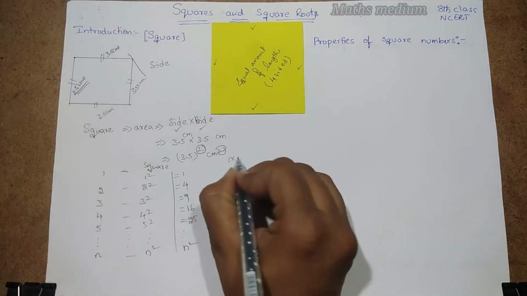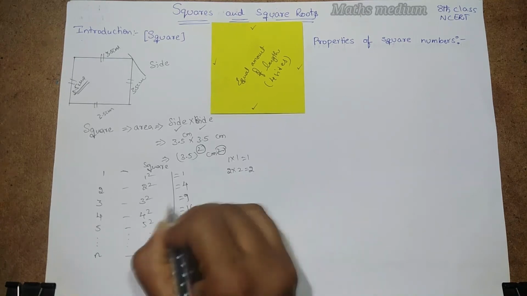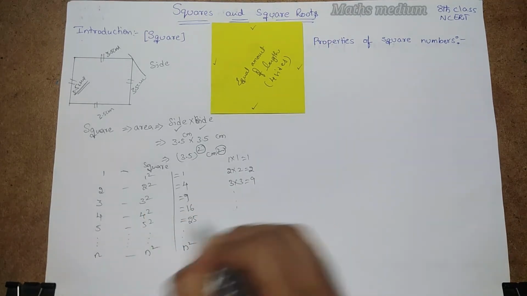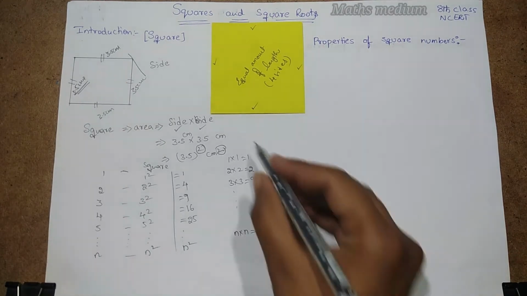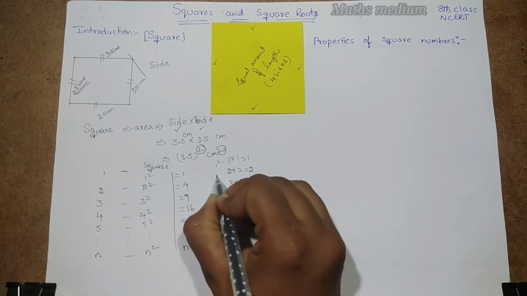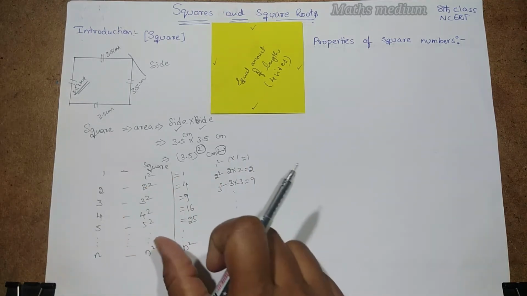If you see here, 1 into 1 is equal to 1, 2 into 2 is equal to 4, 3 into 3 is equal to 9. Similarly, n into n is equal to n square. We denote it as 1 square, 2 square, 3 square. These are the representation of the square.